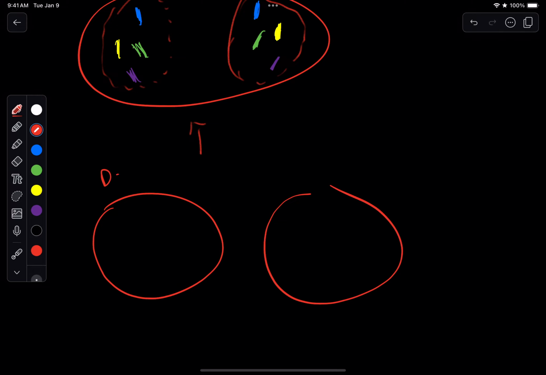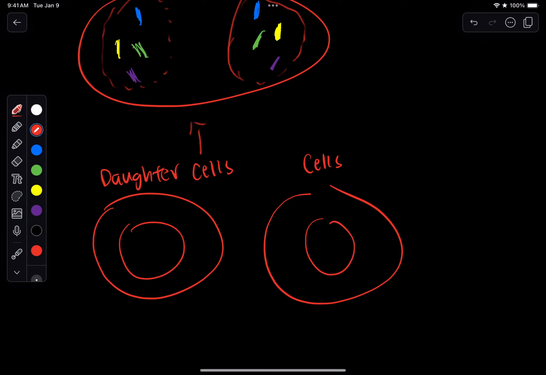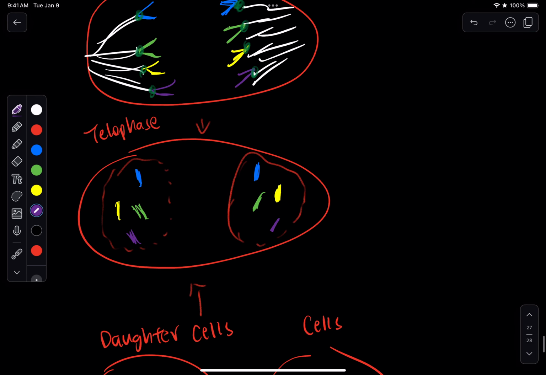If you remember, these are daughter cells. Each has a nucleus with a complete set of genetic information, and the DNA is unwound so that it can be read by the cell for protein production. And that is the process of mitosis.